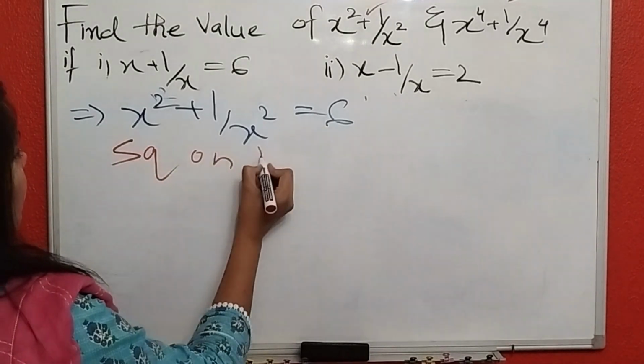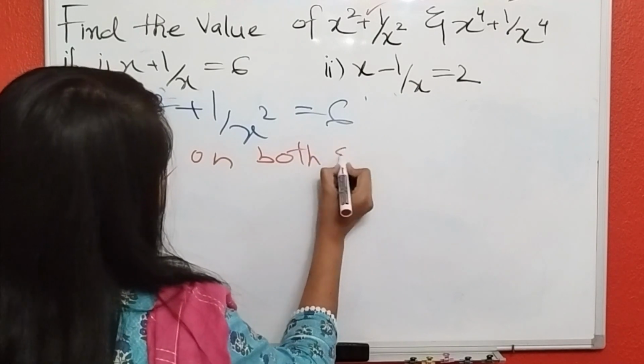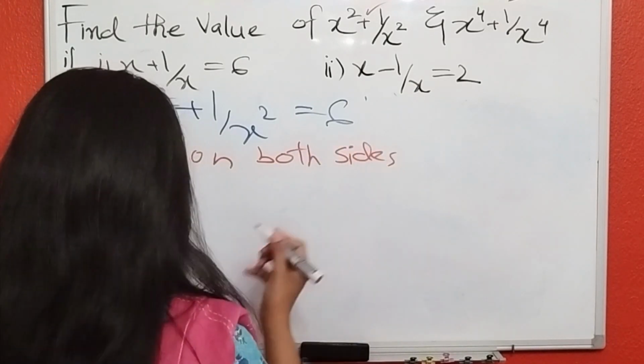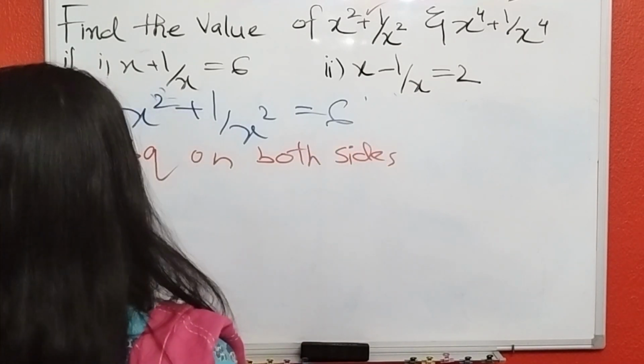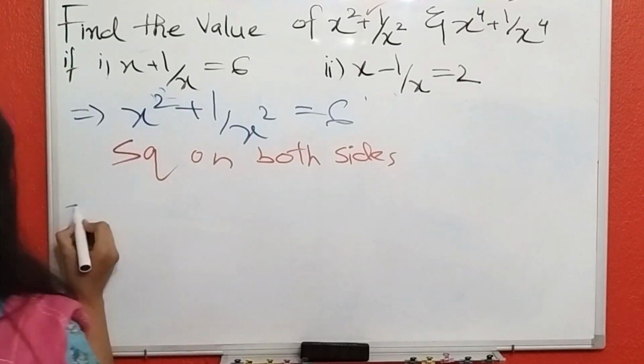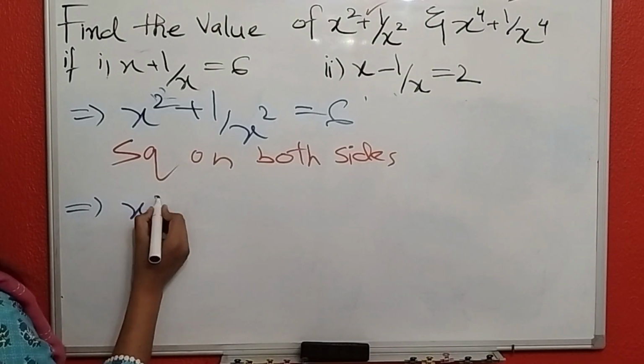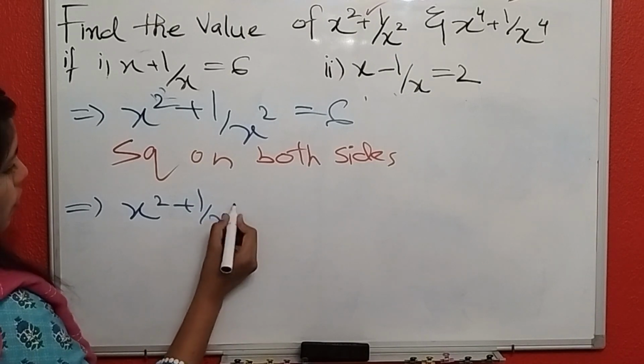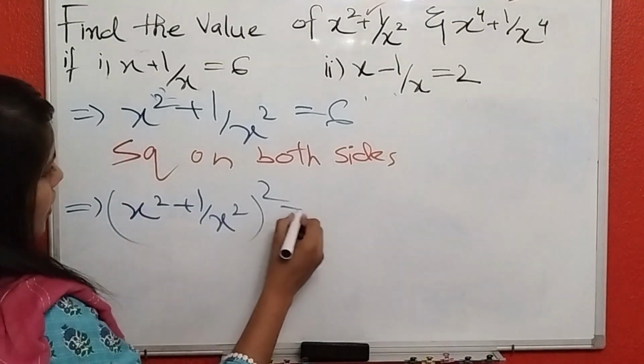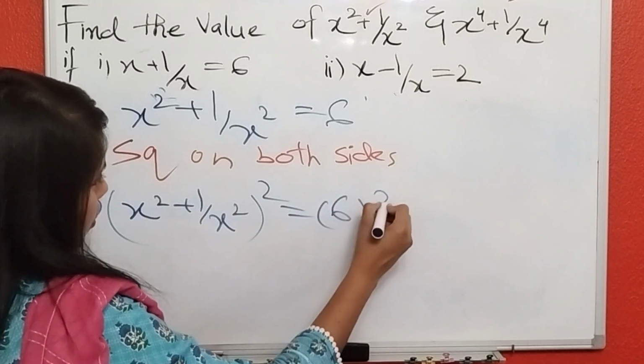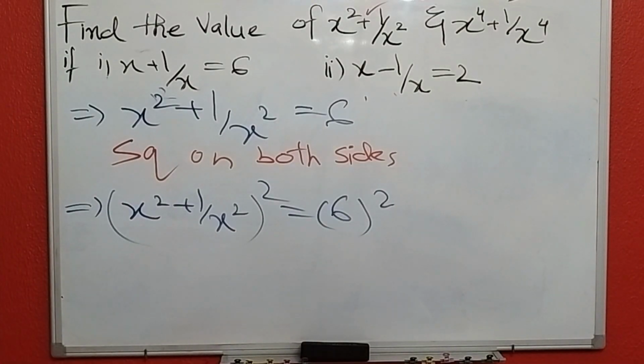Squaring on both sides. So I am writing x square plus 1 over x square whole square is equal to 6 whole square. Okay, which formula should I use here? Should I use a minus b whole square as I have used that formula in my last step? No. It depends on the sign which formula we should use.